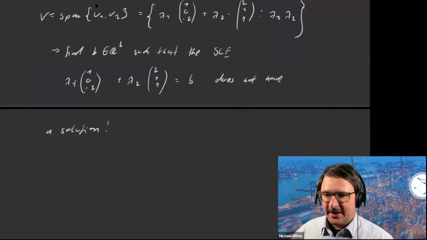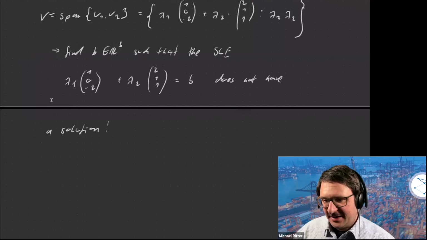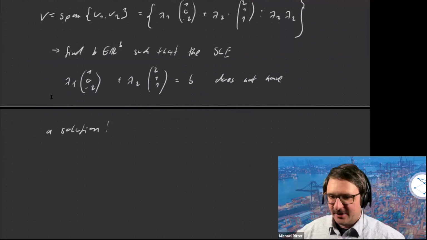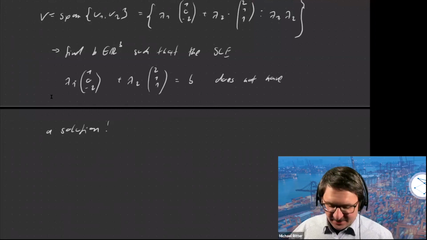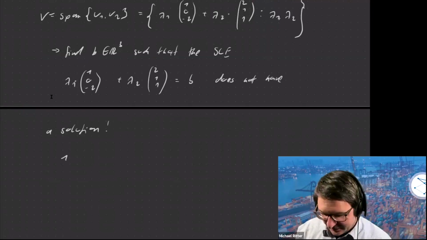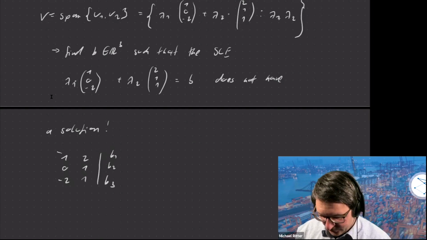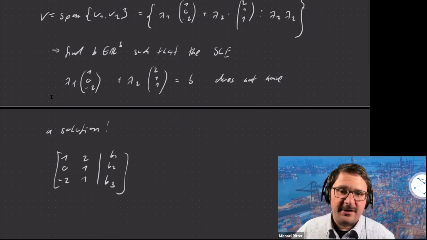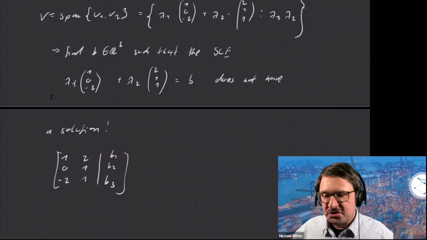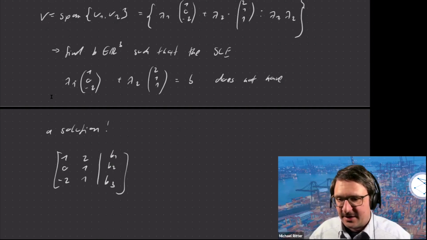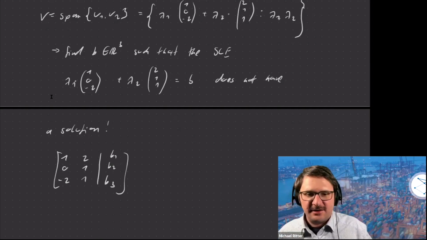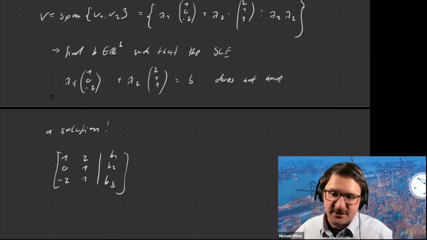How do we go about that? Well, it's actually not that hard because we know a lot of those already. Remember, if you write this down in the form of a tableau like this, it looks like this, and then we have B1, B2, B3. We know already that the rank of the left-hand side is 2. So we can just try to solve that and then select the B's in a way such that we can see there is no solution.